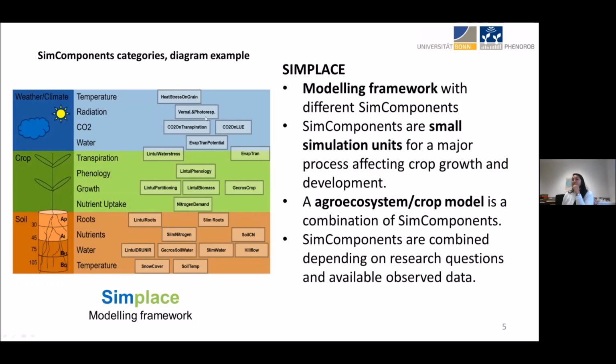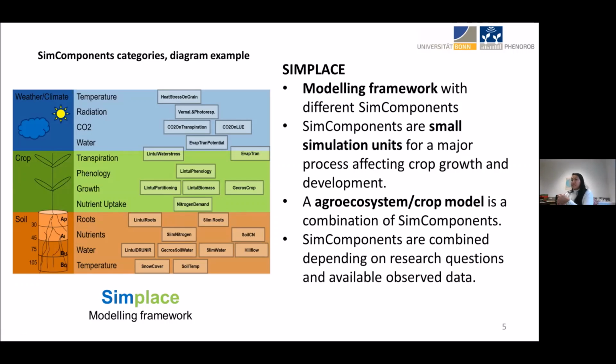Each of these boxes is a sync component that is used. For example, phenology is simulated with lintel phenology, which is mostly affected by the accumulation of degree days. Then we have the growth, where there are other sync components.